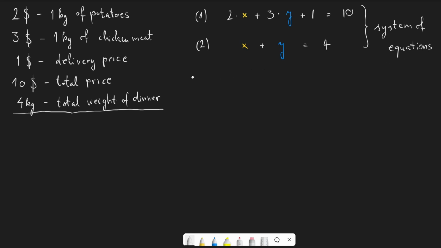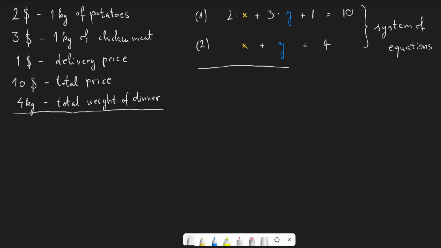And the method of how we will solve it is a systematic way, which is the following. We express one variable from one of the equations, and after that we will put this variable into the other equation. And because of this, we will only have one variable in an equation that we will be able to solve.